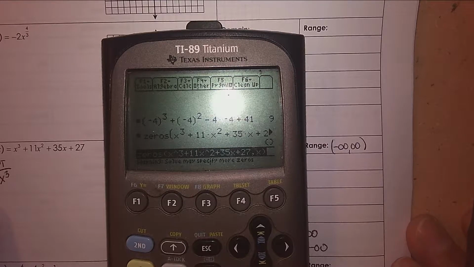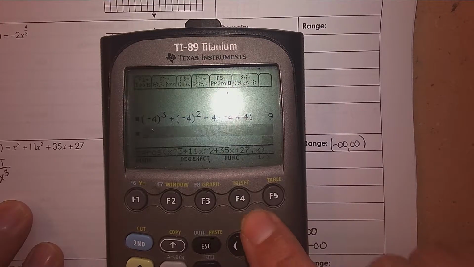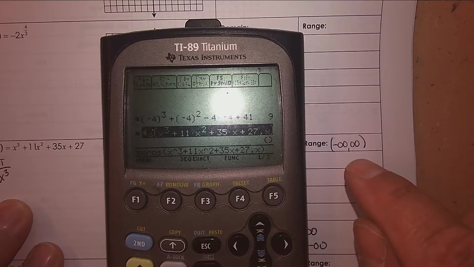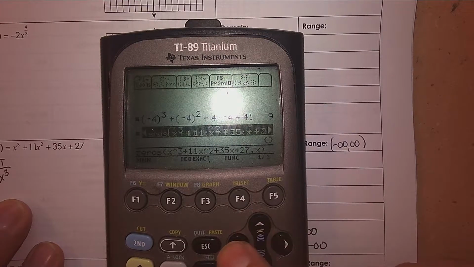So x cubed plus 11x squared plus... What did I type in wrong? 27. Did I not type it in right? So what is it showing me is that there are no... Did you get something?